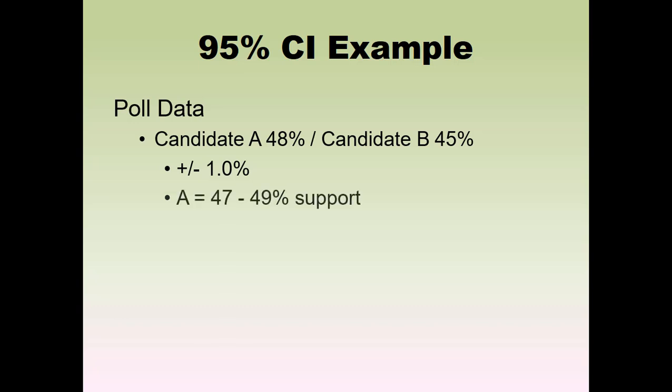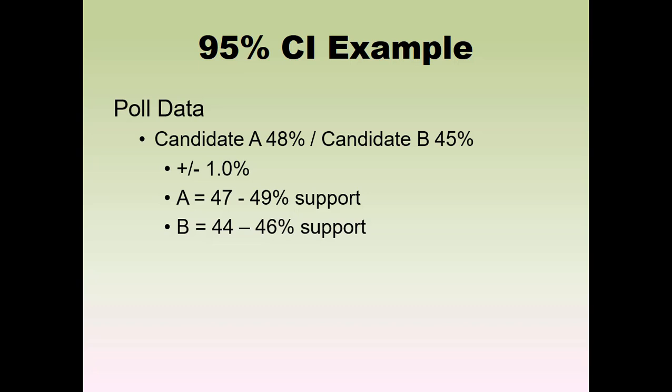Now in this case, we would conclude that we could be 95% certain that the support for candidate A was somewhere between 47 and 49%. The true support for candidate B would be 45 minus 1%, 45 plus 1, somewhere between 44 and 46%.